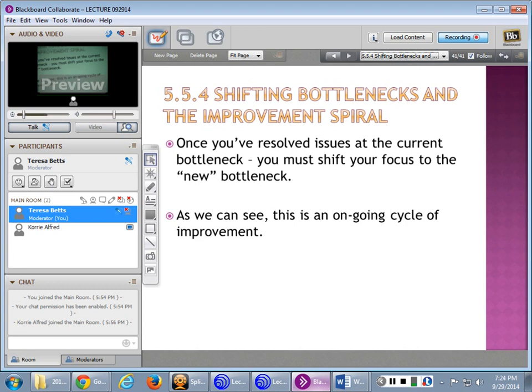I want to look at this for a quick second. When you work the problems, you're going to need to go back to that table 5.1 and start there.